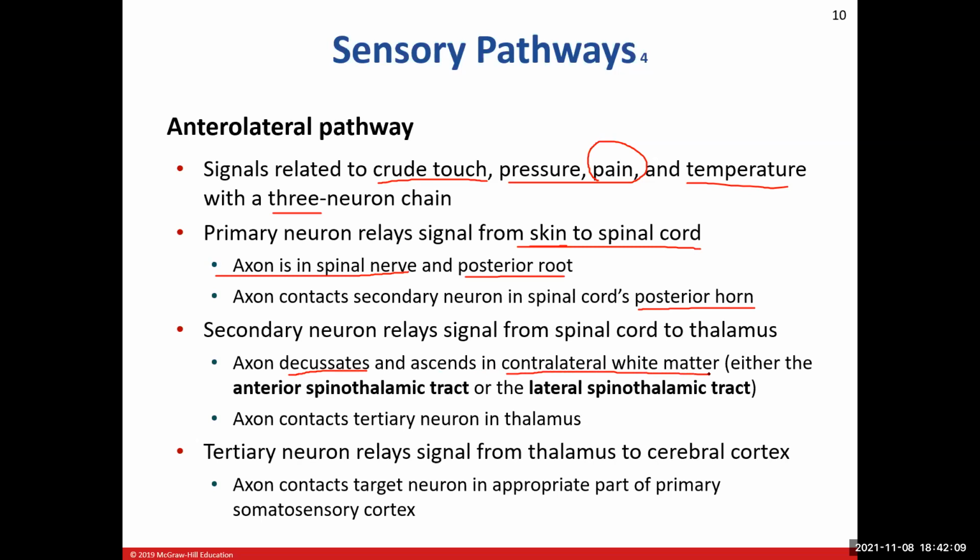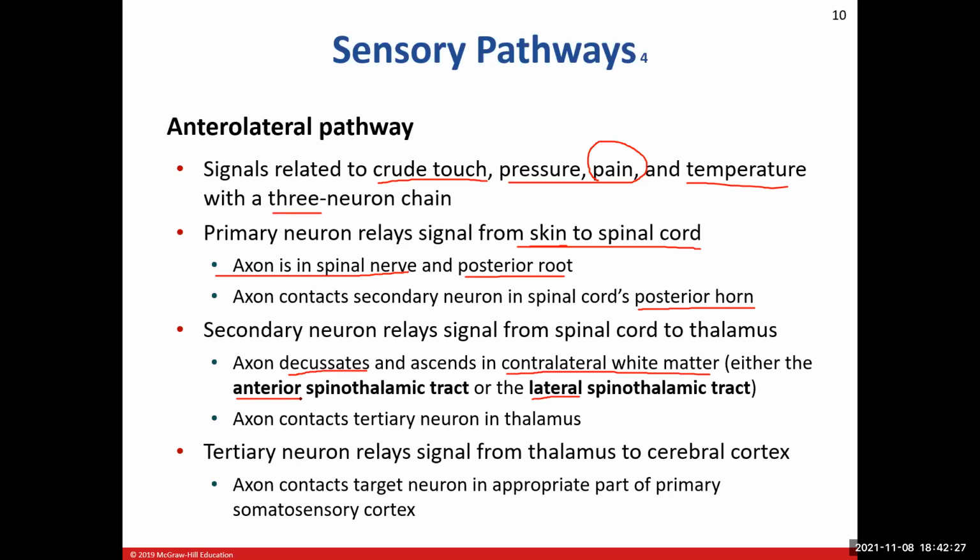And so here, it's going to ascend either in the lateral spinothalamic tract or the anterior spinothalamic tract. Either or.